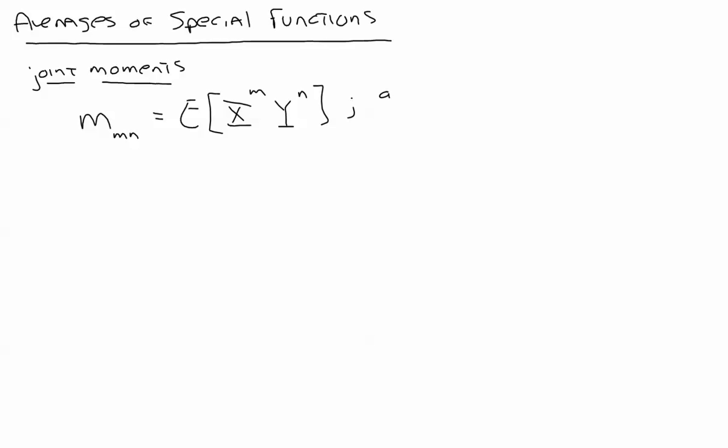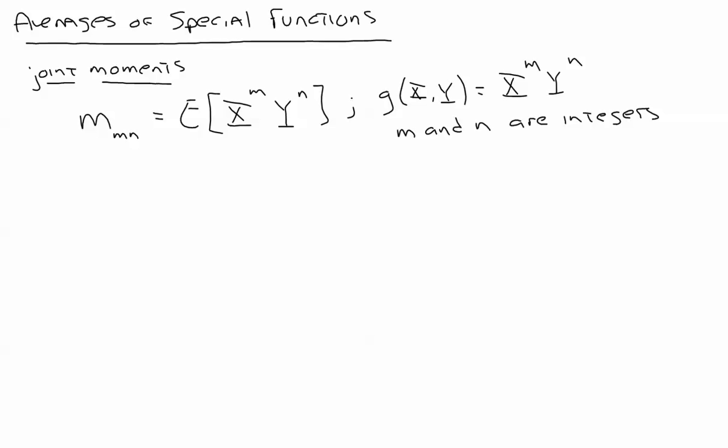So my function is x to the m, y to the n, and in all cases m and n are integers. All right, 1, 2, 3, 4, etc. 0 could be 0.